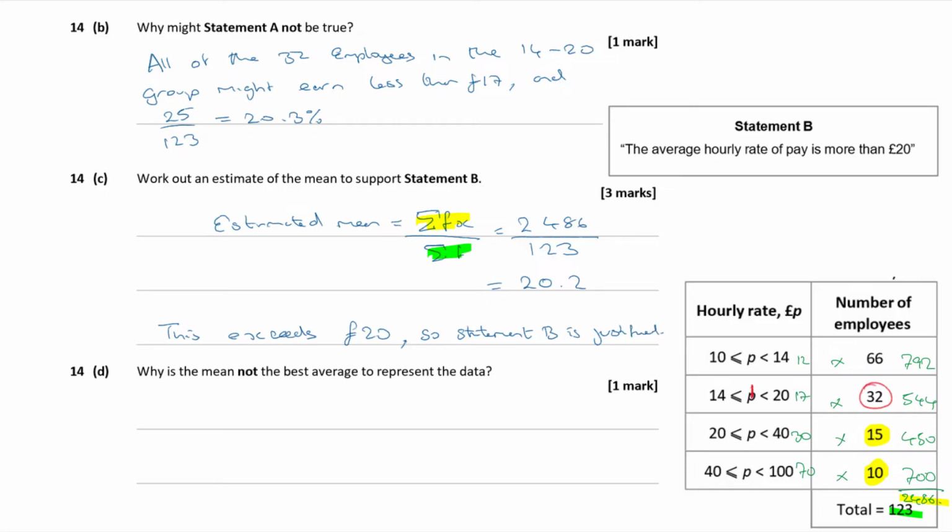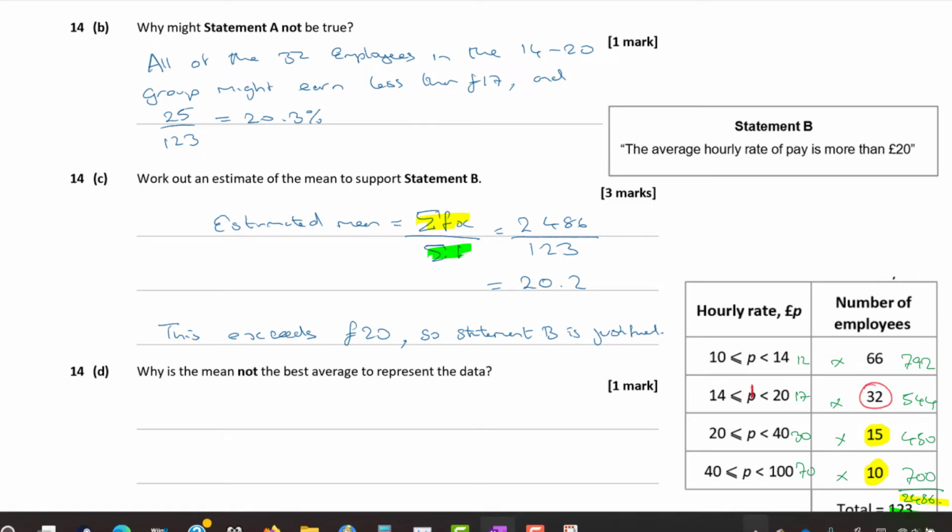Right, so part D says, why is the mean not the best average to represent the data? Okay, well in this case, the mean average is overly influenced by these few people earning the big bucks at the end.